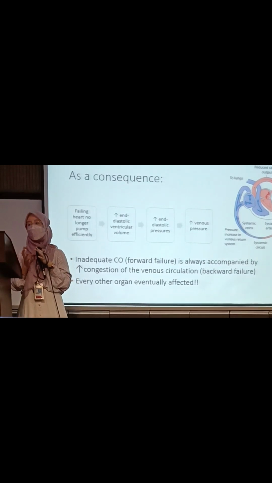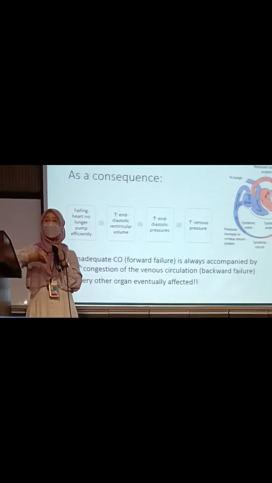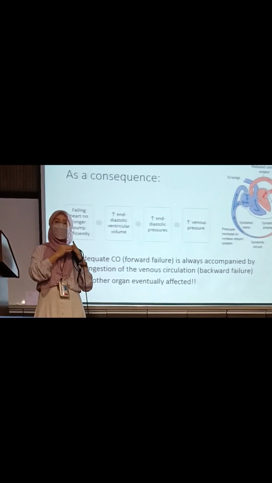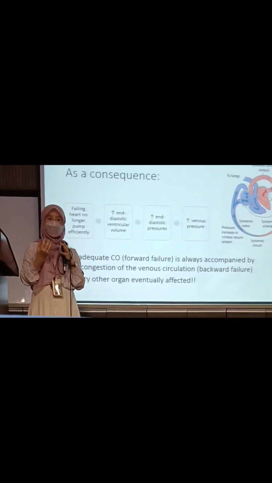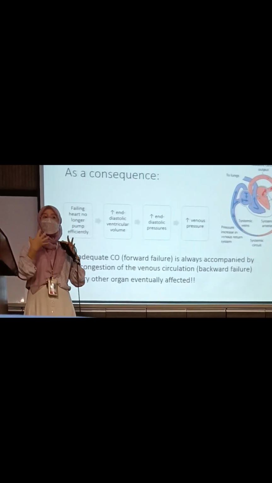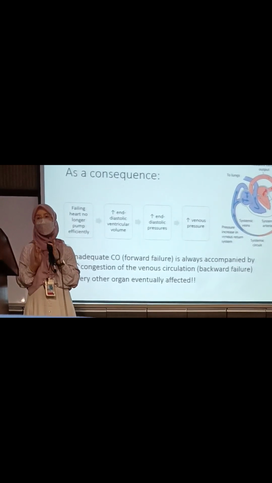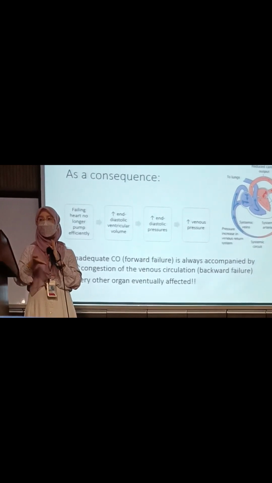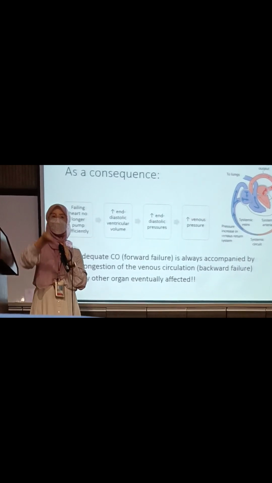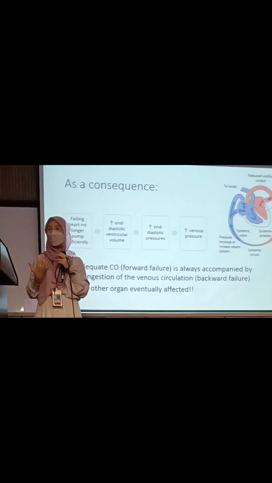So at the end of the day, the cardiac output yang ke depan tu pun heart tak boleh nak supply, dia menyebabkan forward failure, but dia akan accompanied by backward failure, which is dia menyebabkan increase in pressure, that is venous congestion. Belajar kan dalam E5 ada venous congestion, increase hydrostatic pressure. So in heart failure, you have both the forward failure and the backward failure. So eventually every organ will be affected. So kalau organ tu ke depan, dia tak cukup oksigen. Kalau organ tu ke belakang, dia akan jadi edematous because of venous congestion.